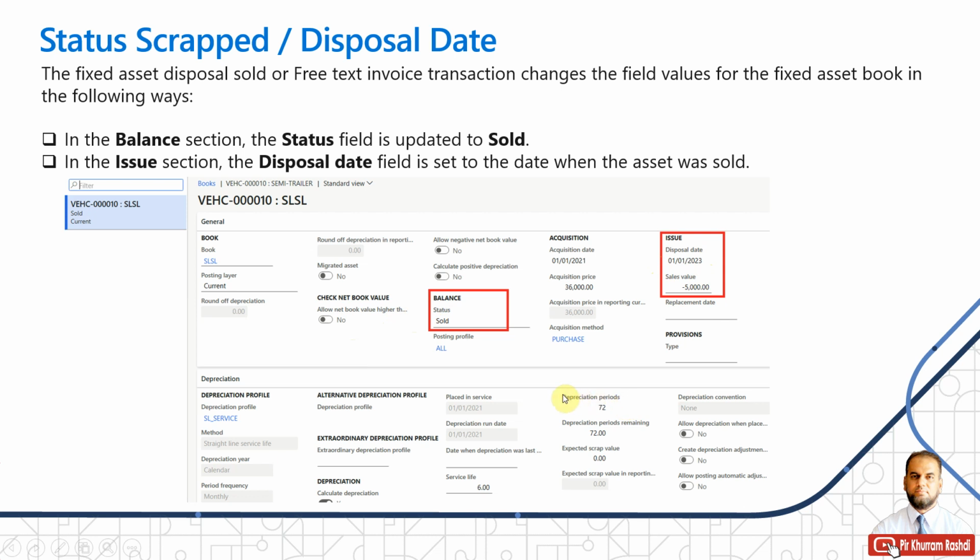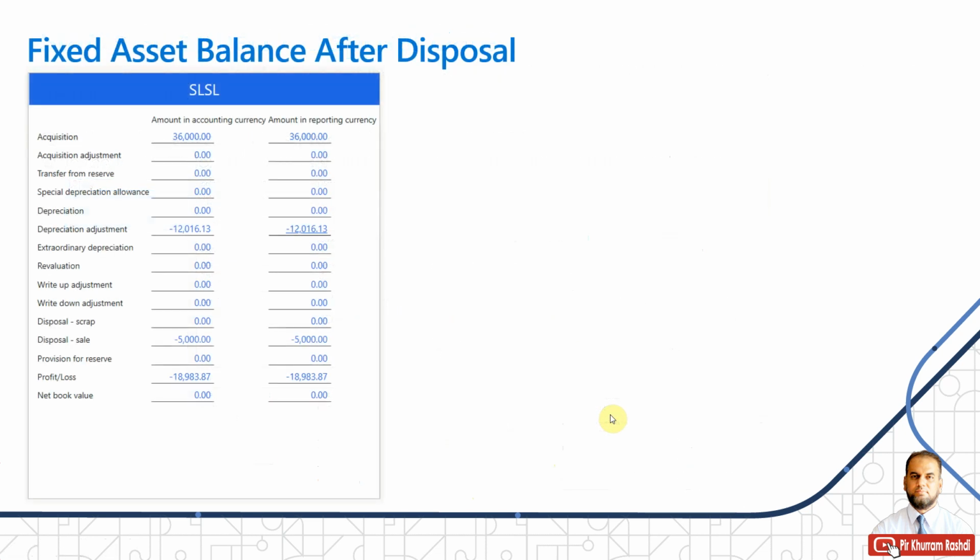The depreciation periods, as per the service life, which is 6 years, are multiplied by 12, that is 12 months per year, so 72 will be shown here. After the disposal sale of the asset, you can see the sales value of 5,000 USD is shown, and then the depreciation adjustment, because this asset was not depreciated before.